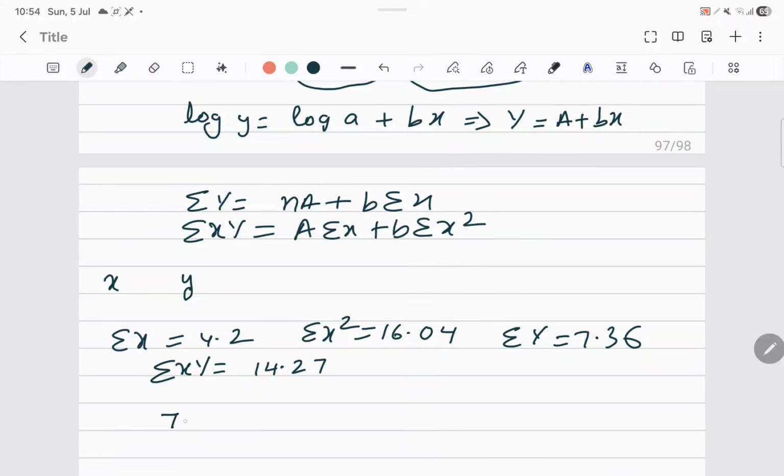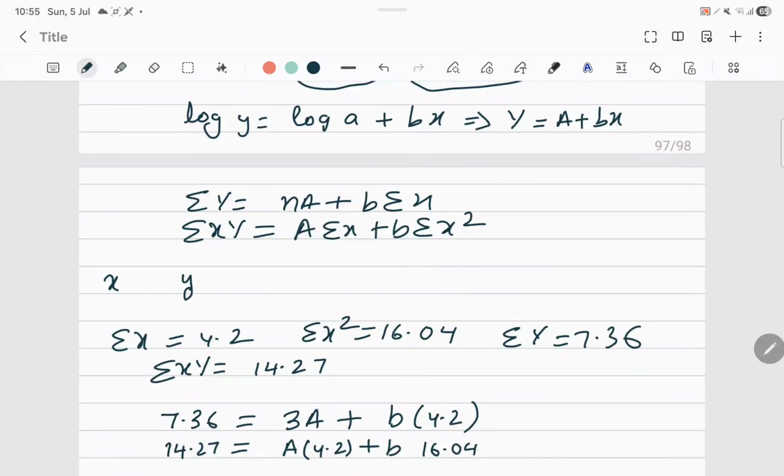So summation y, that is 7.36, is equal to 3a plus b summation x, 4.2, and the next one is summation xy, that is 14.27, is equal to a summation x, that is 4.2, plus b summation x square, that is 16.04.